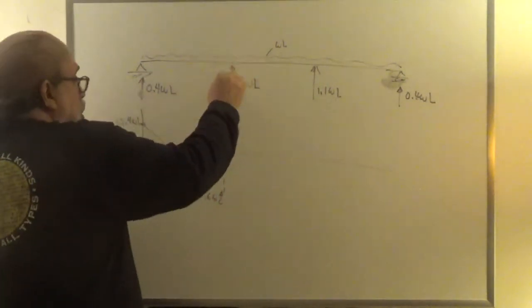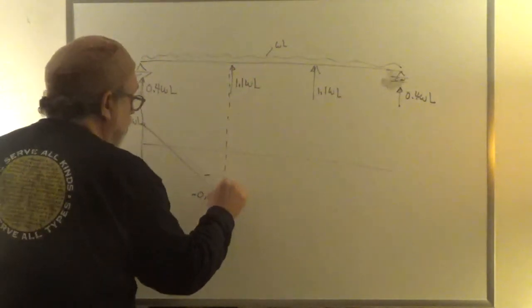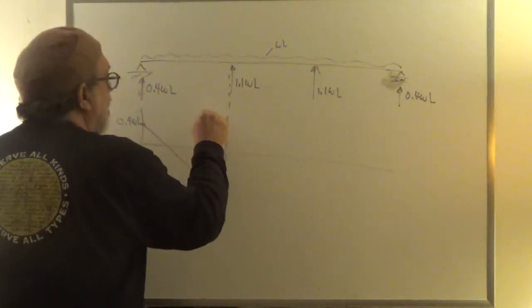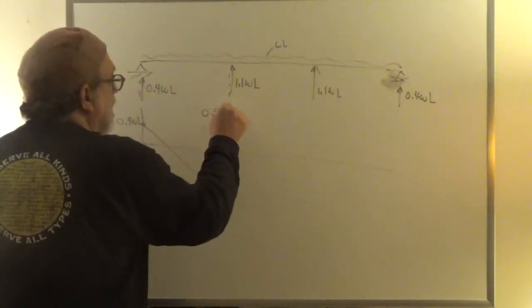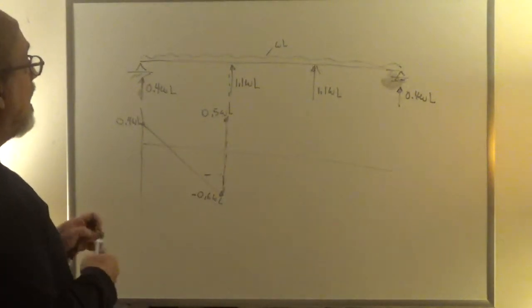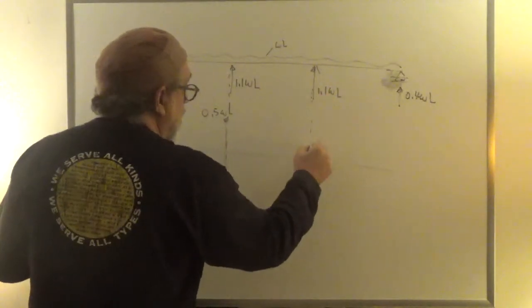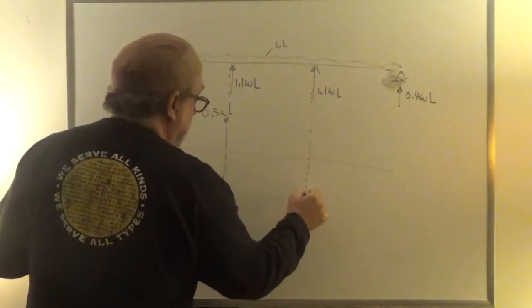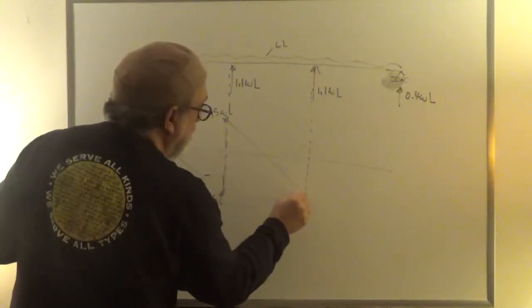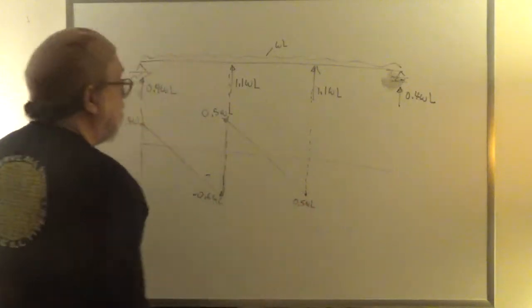If we cut on the other side of that reaction, we will find that there is a jump of 1.1 that will take us to 0.5 WL, right? So that's the shear diagram up to there. Then this takes us back again at constant slope to 0.5 WL on this side, right? So we go like this, cross in the middle, and we have 0.5 WL.